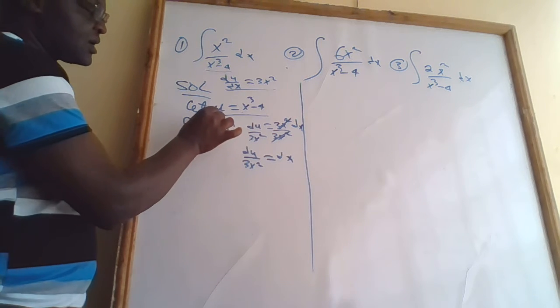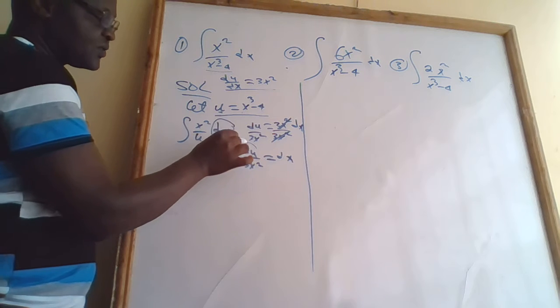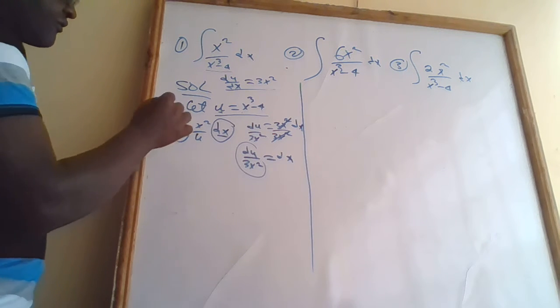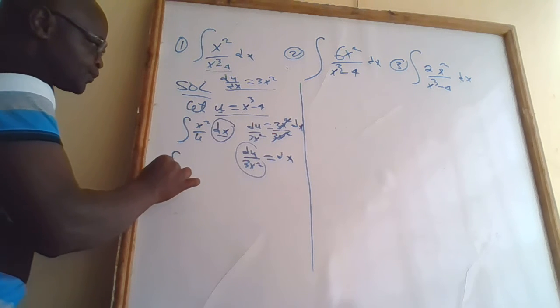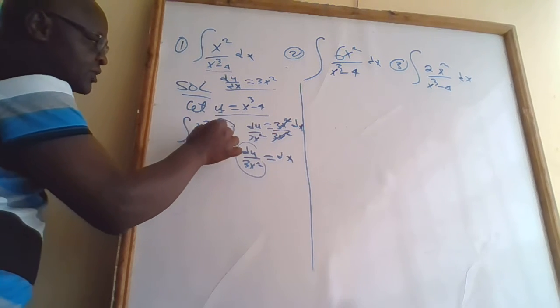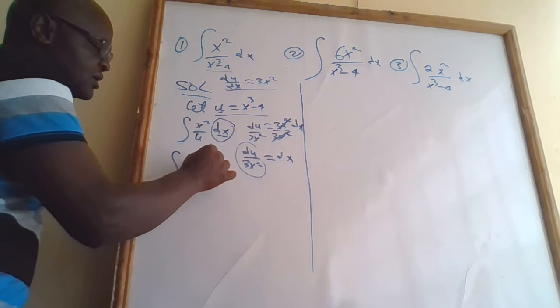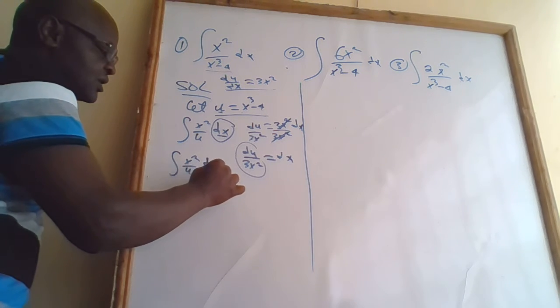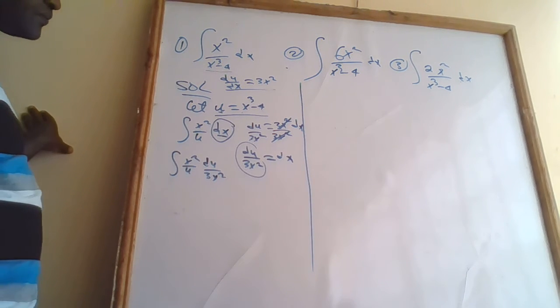So we came here and replace dx with this one. Therefore, the integral becomes x squared over u, then we replace dx by du over 3x squared.